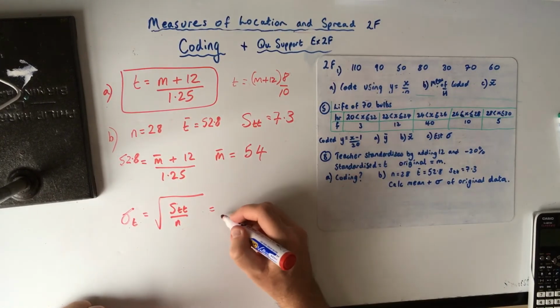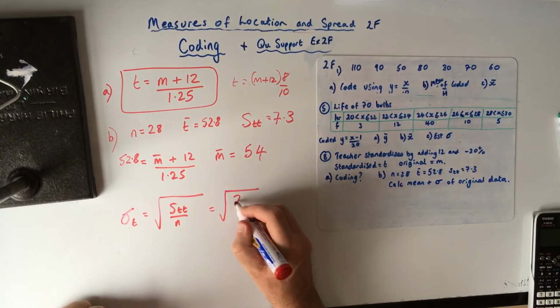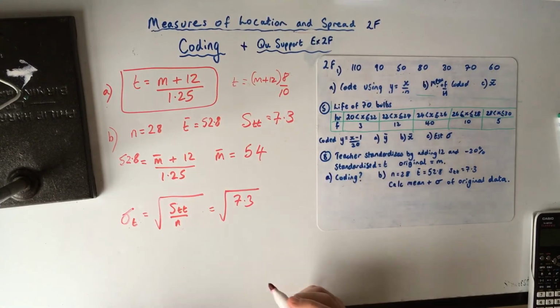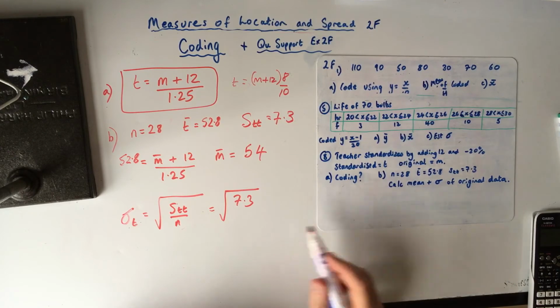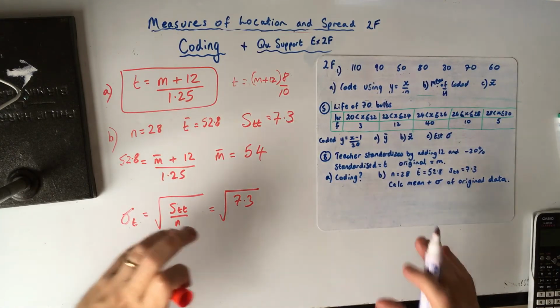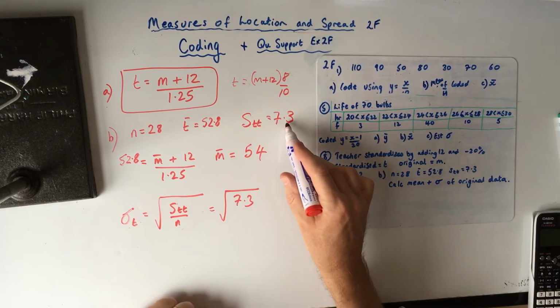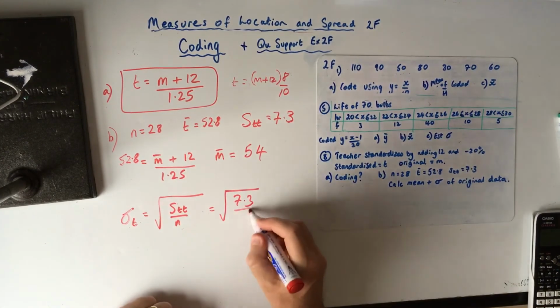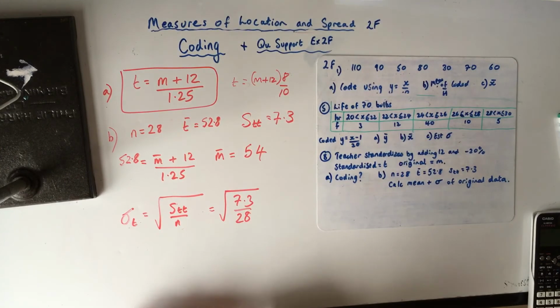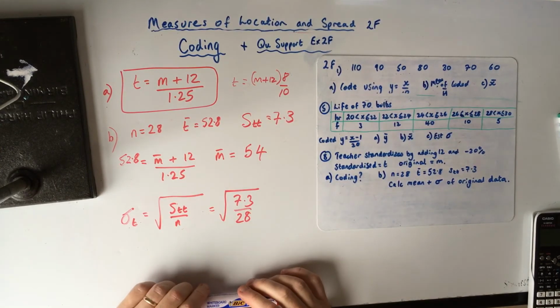When you're given that, it's really handy actually. Sometimes they just give you the sum of x squared, so you've got to work out the mean squared and do more. But if they give you that, they've almost given it to you. You've only got to divide that by 28 and then square root to get the standard deviation.